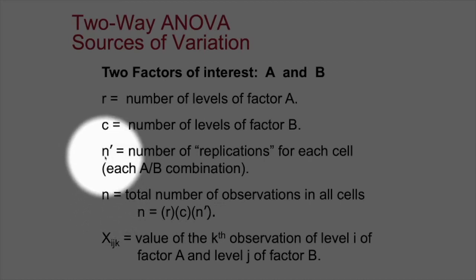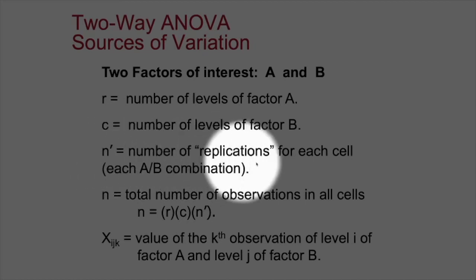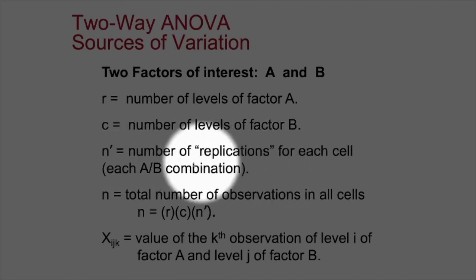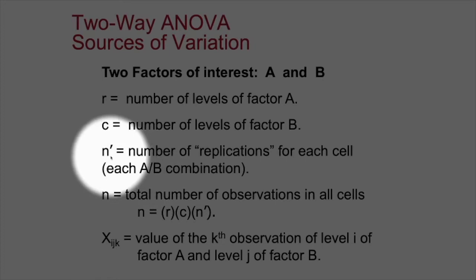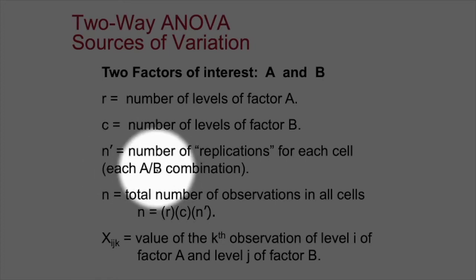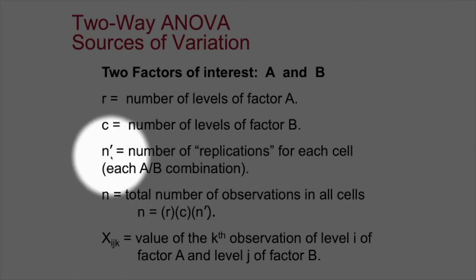However, we now also have something we call n prime, and that is the number of replications for each cell. What does that mean? This is the number of observations we have in each group. And importantly, in this case, we assume that each AB combination, each cell, each group has the same number of observations, n prime.